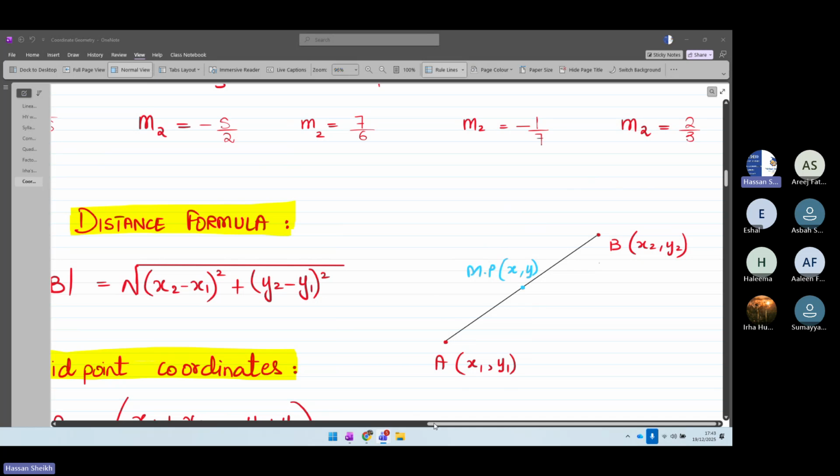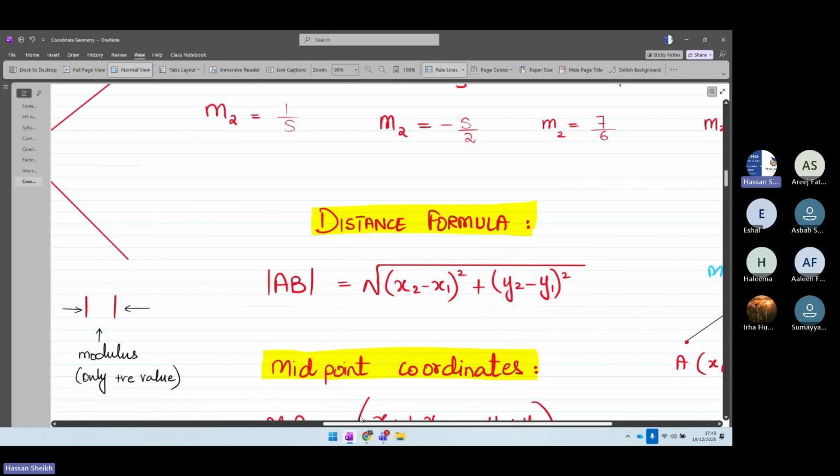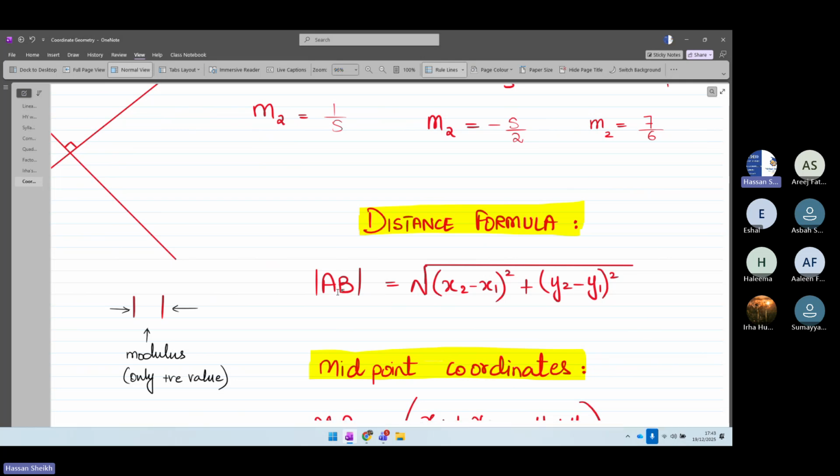So the distance formula is to find the distance between the 2 points when their coordinates are given, x1, y1, x2, y2. So we write AB, and do you see the two vertical lines, one before A and the other after B?